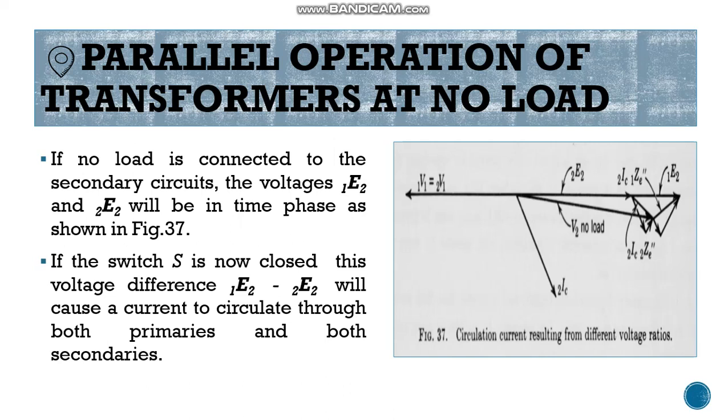If the switch S is now closed, this voltage difference in the transformer 1 and transformer 2 will cause a current to circulate through both primaries and both secondaries. So kapag close natin yung switch, the small difference in the secondary voltages will result for the circulation of current in the primary and secondary windings.